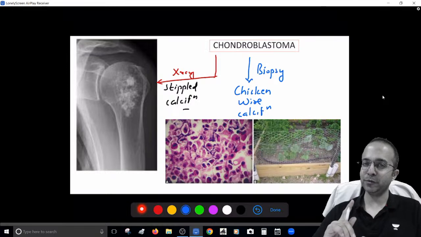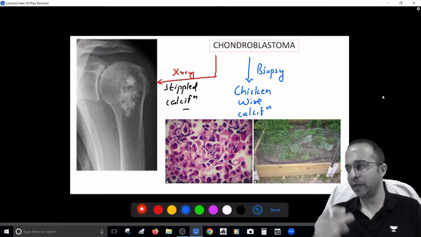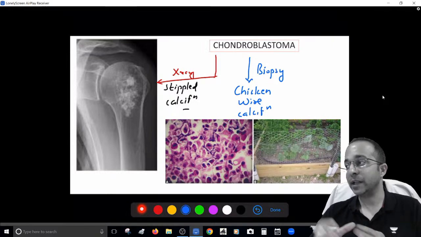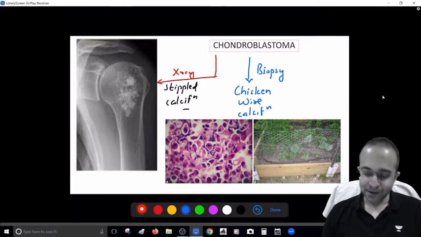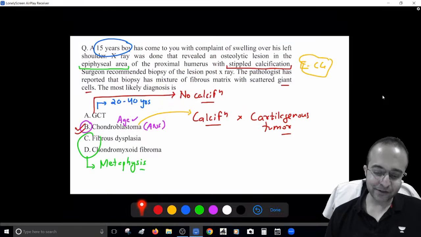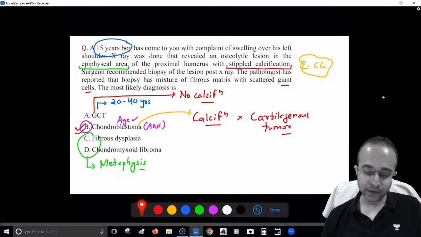You see it in the proximal femur in hyperparathyroidism. I'll talk about it sometime else. But this is chicken wire calcification as Jitin has mentioned to you. Clear with that? So these calcifications can simply point to you that this is chondroblastoma. I know some people had answered it as GCT because they were carried away by this fact that on biopsy you have giant cells.